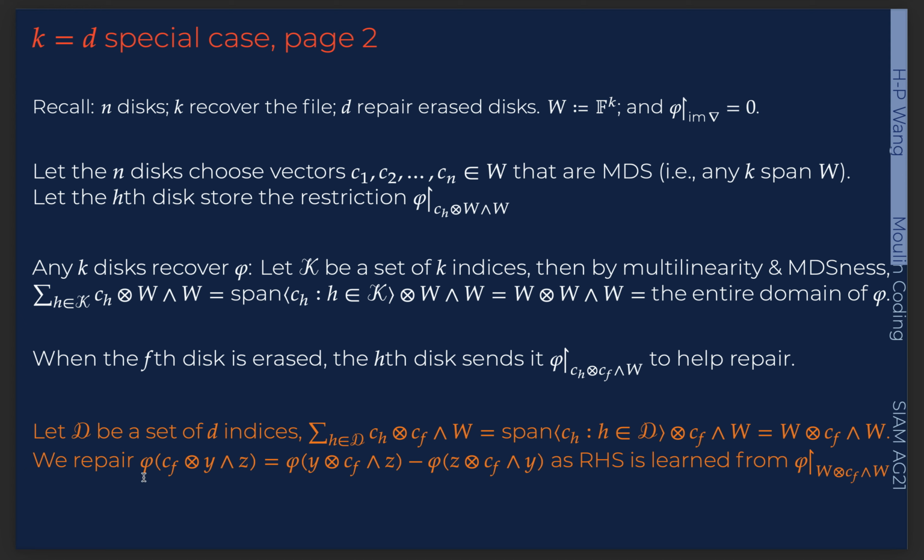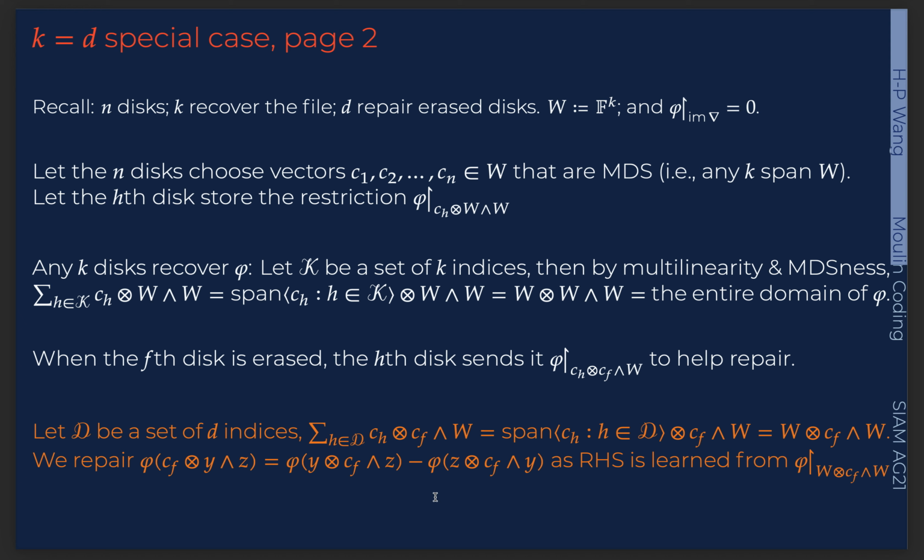So now we can learn the evaluation of phi at CF tensor Y wedge Z, where Y and Z are arbitrary vectors, because we have the parity check equations. We know that this evaluation is equal to phi evaluated at Y tensor the other 2 minus phi of Z tensor the other 2.